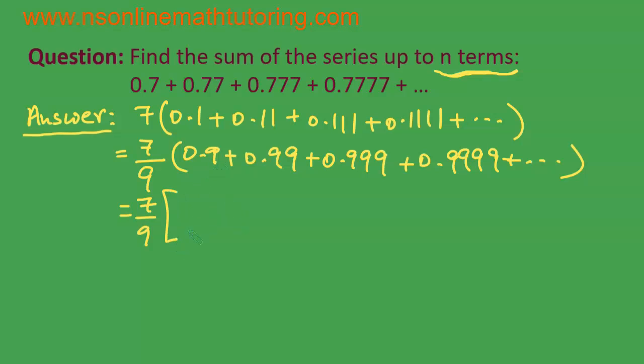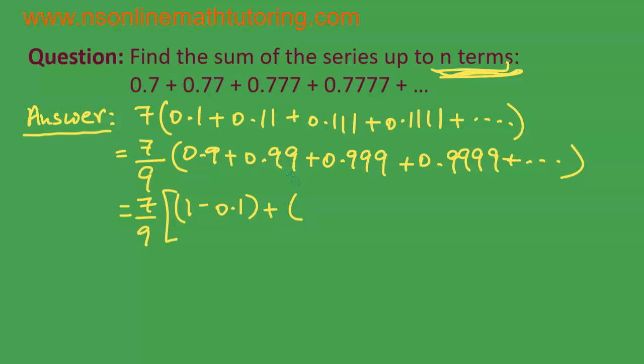Now 0.9 can be written as 1 minus 0.1, and all these are added up to n terms. So instead of 0.9, I am writing 1 minus 0.1.